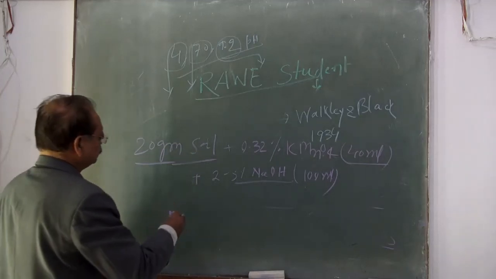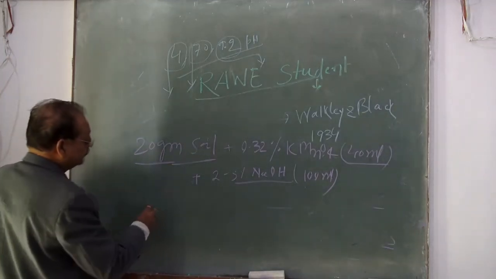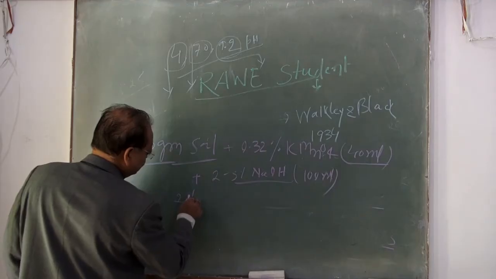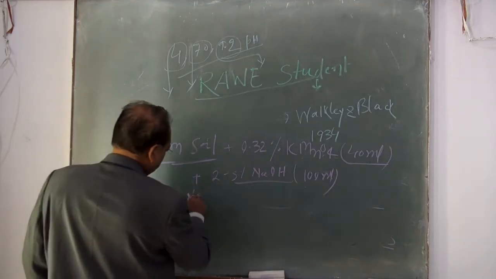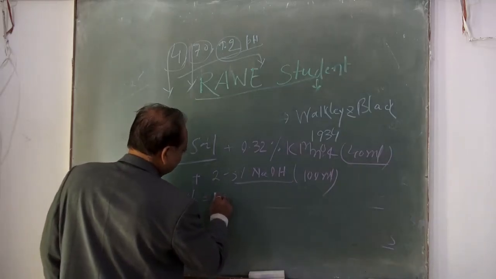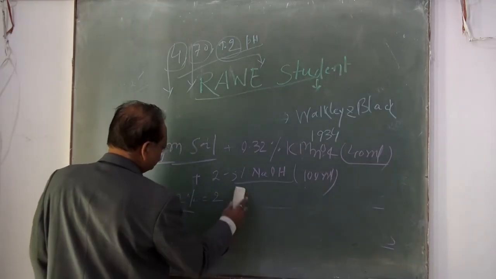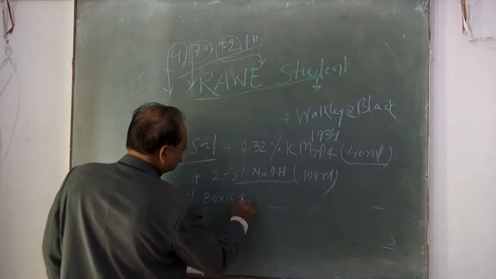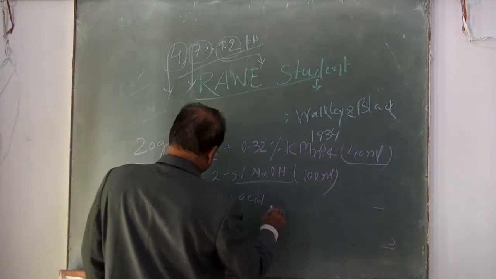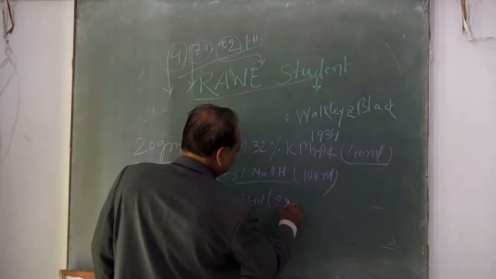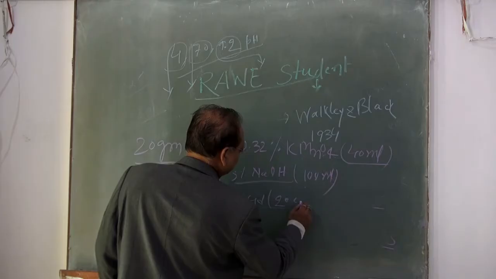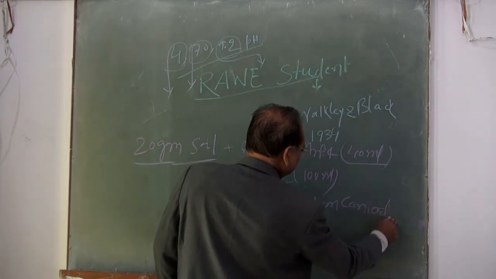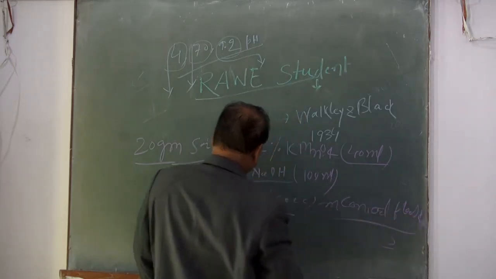Add it, and side by side, take a conical flask, and in the conical flask you take 20 cc of 2% boric acid.